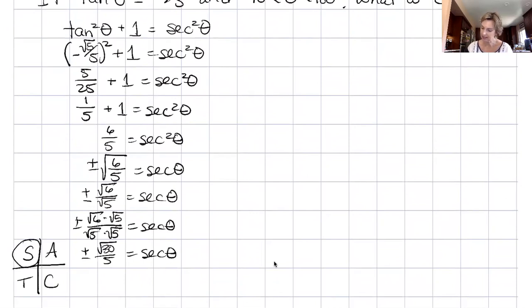And is secant positive or negative in quadrant 2? Right? Sine is positive in quadrant 2. Sine and its reciprocal, and the reciprocal of sine is cosecant, not secant. So that means that the actual one is going to be just the negative.